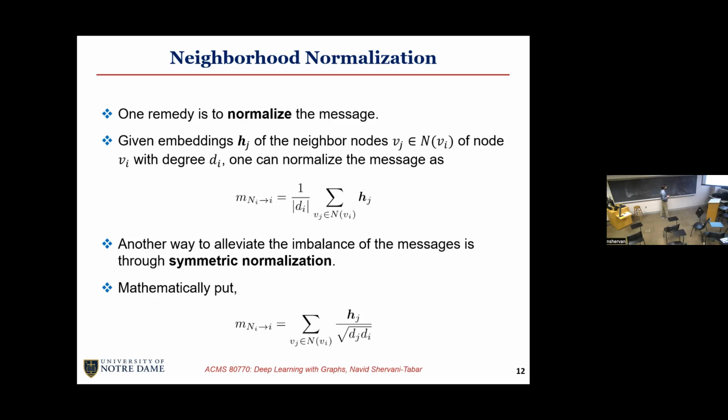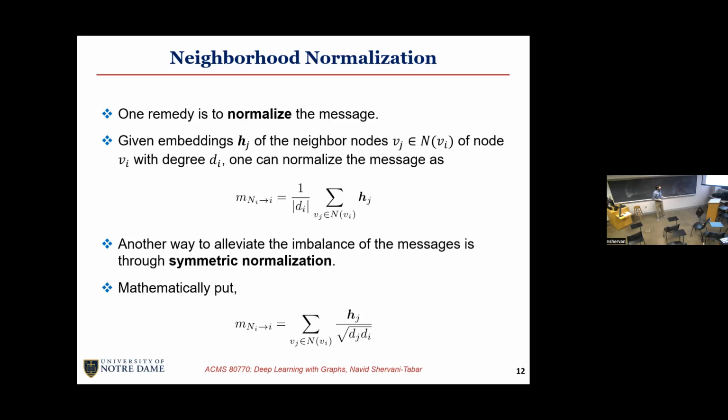Another approach to normalize this problem is by using this relation, where this time I'm not normalizing only over the degree of the receiving node. I'm normalizing each embedding by the square root of the degrees of the two nodes at the two ends of the edge.